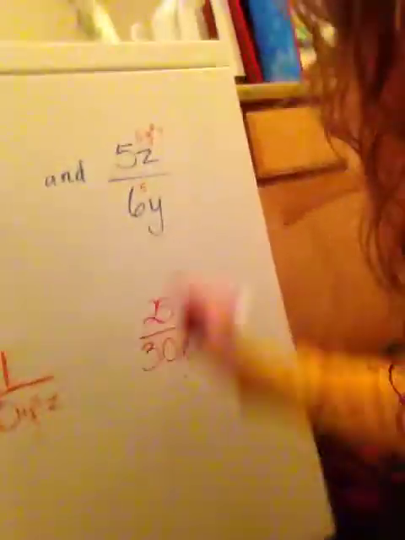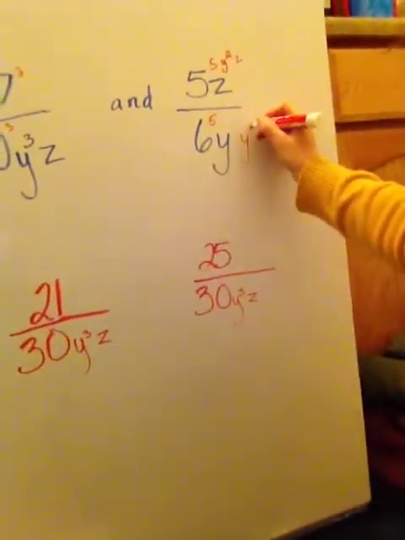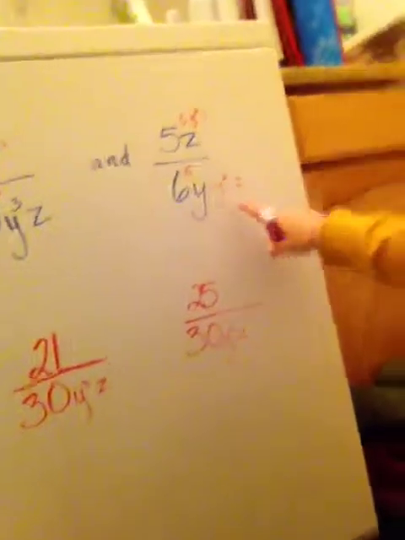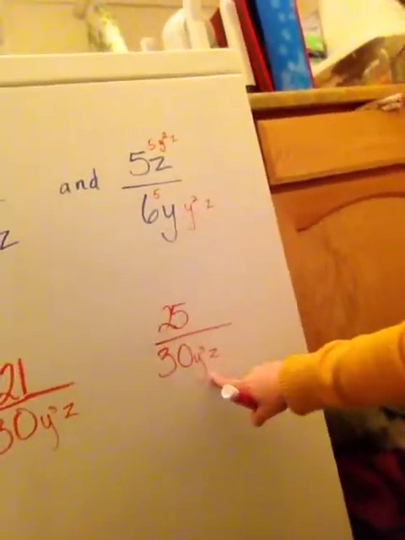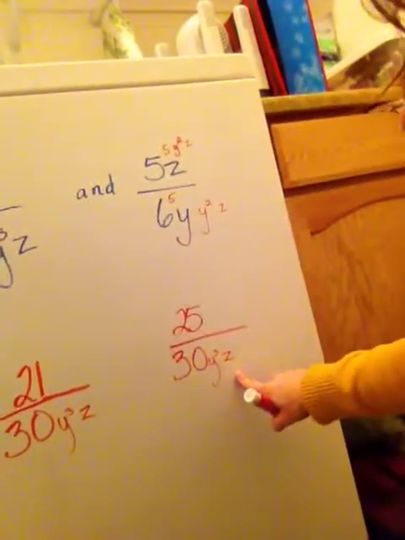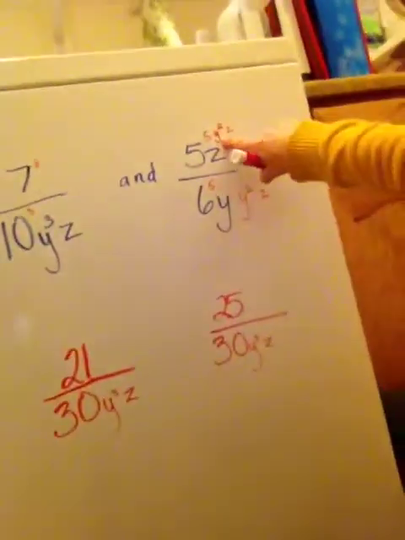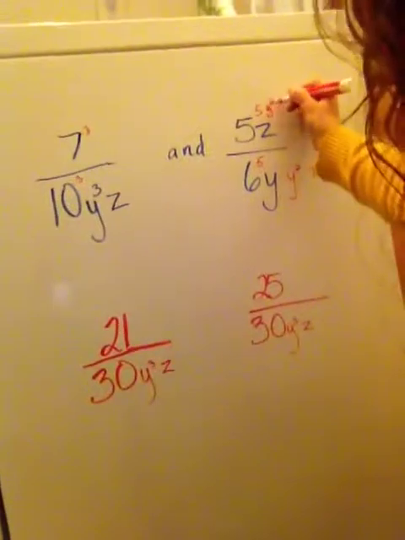A z. So I've got to times the top by z. Okay? So essentially I did times y squared times z to make this. Y times y made that, times z made that. And if I did it to the bottom, I have to do the exact same thing to the top.